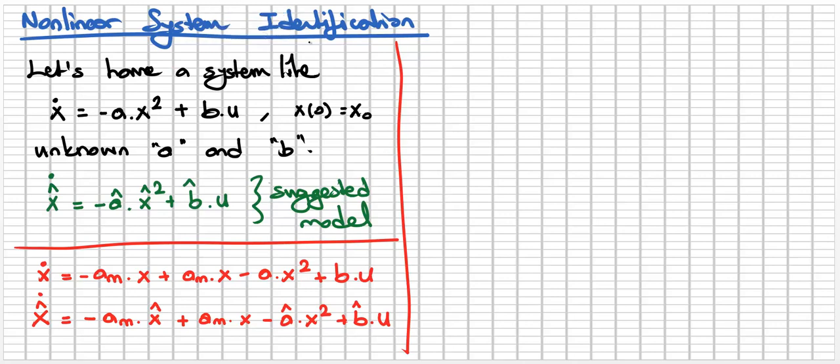The estimation error can be E1, which is equal to x minus x hat, where x is measured and x hat is the estimated value.